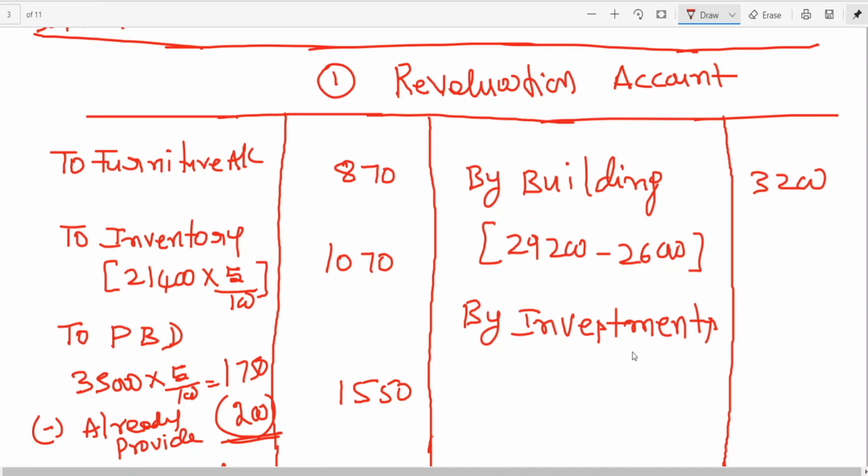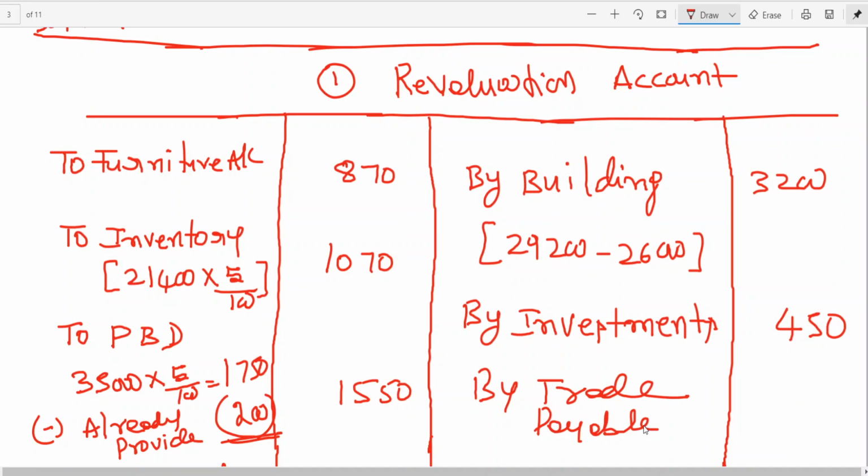Next, investments. Let us look at investments. Investment increased by 450. Specific amount has been given, appreciation. Then trade payable not to be paid. There is a decrease in liability. What is trade payable need not pay? 1400.